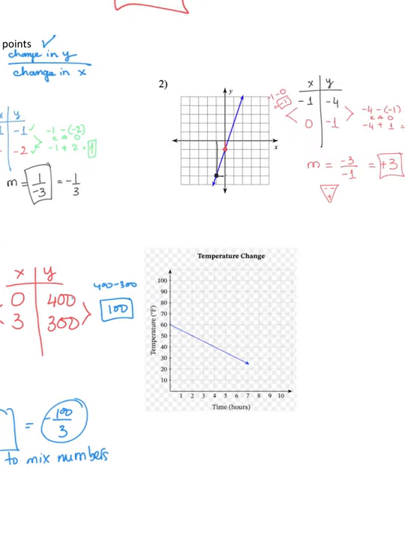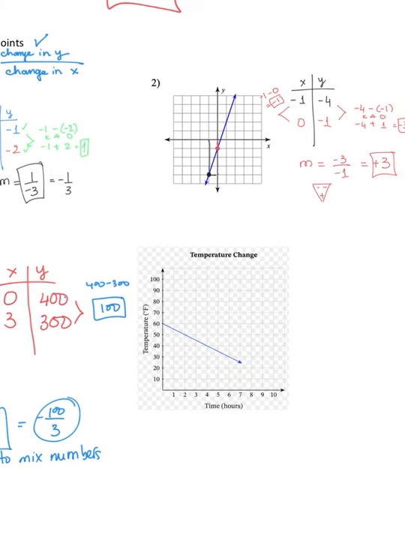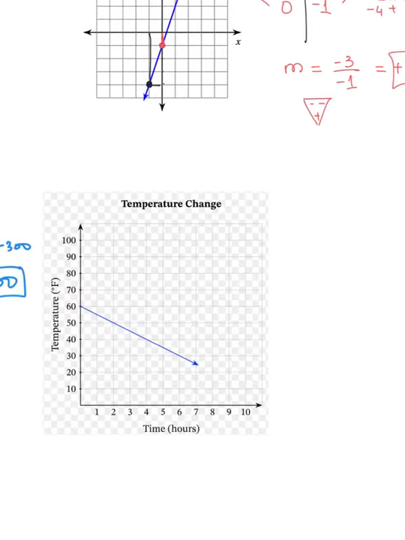Number 4, temperature change. They don't give you a table, so you're going to make a table. Again, you can choose any point you like. I like to choose this point and this point. I don't choose this one because I don't know how much it is.